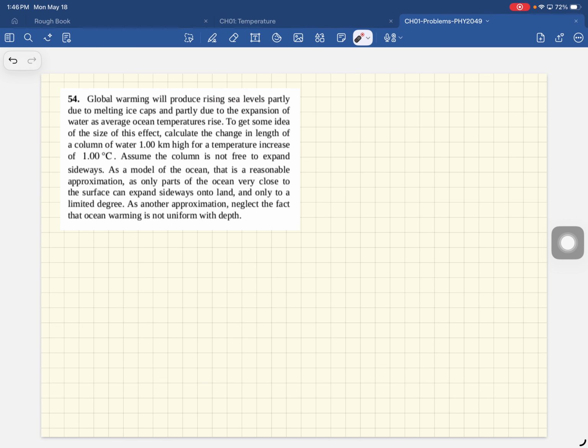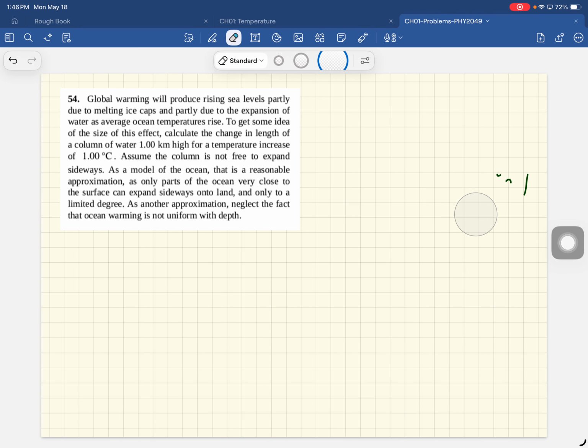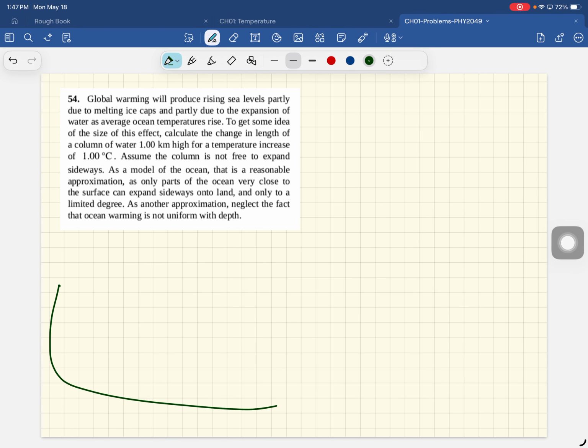The specific heat of concrete is about 900 joules per kg per degree Celsius or Kelvin, about 880 joules.